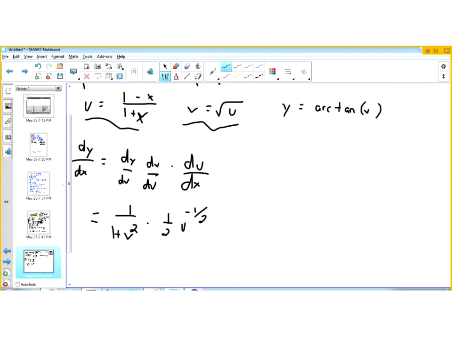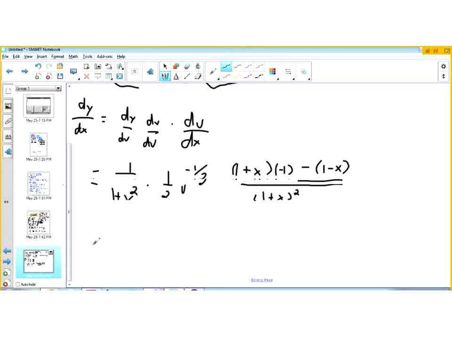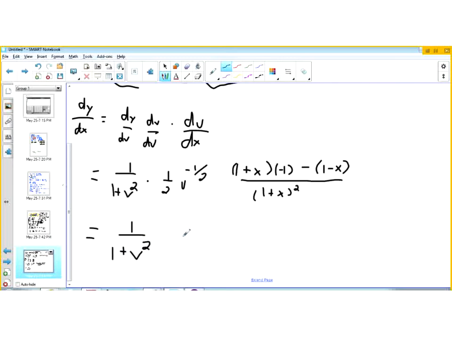And then the derivative of u with respect to x, well, we have to use the quotient rule for differentiation. So that would be (1 plus x) times the derivative of the top, minus the top times the derivative of the bottom, which is just 1, all divided by (1 plus x) quantity squared. So all we do now is replace u and v with their expressions in x.